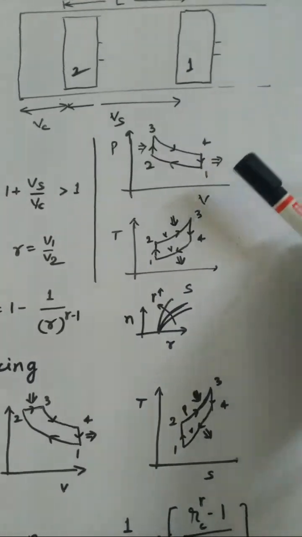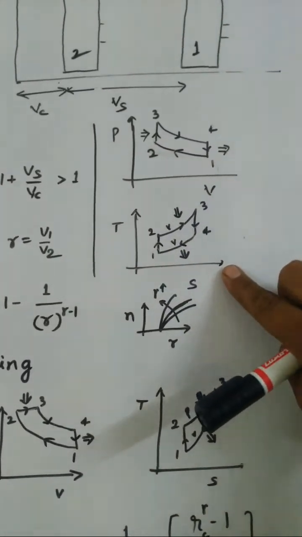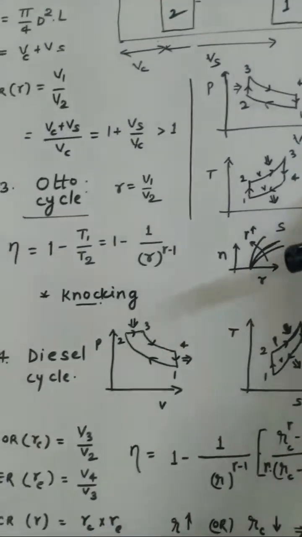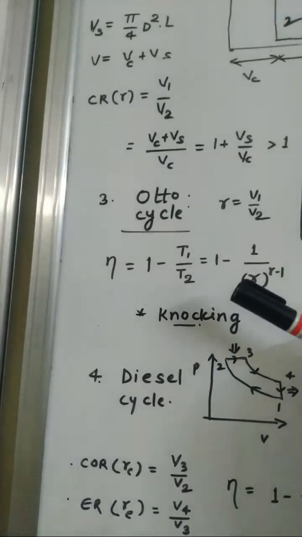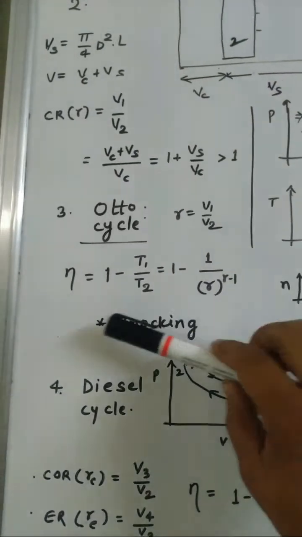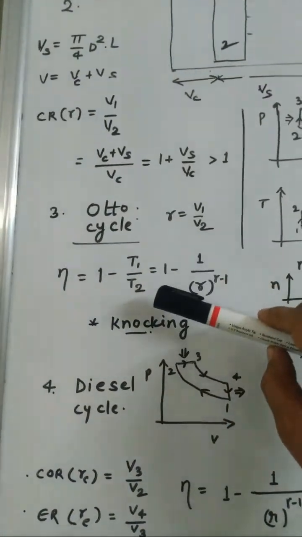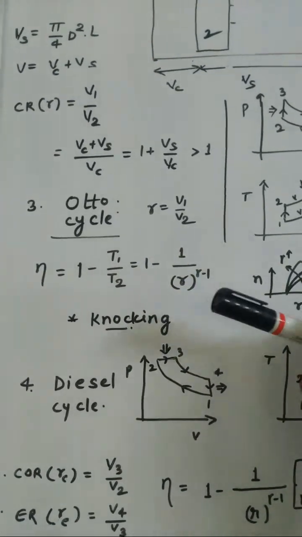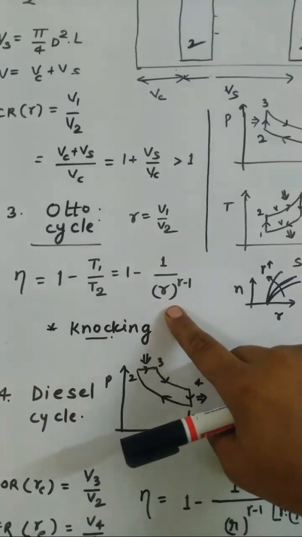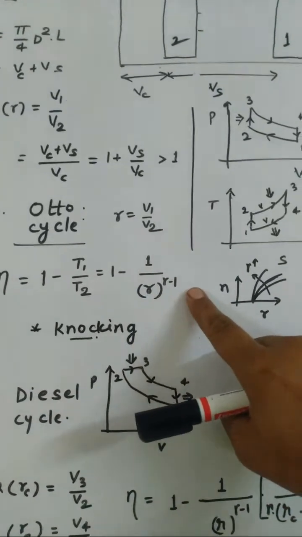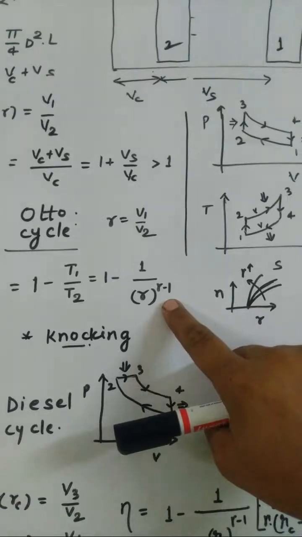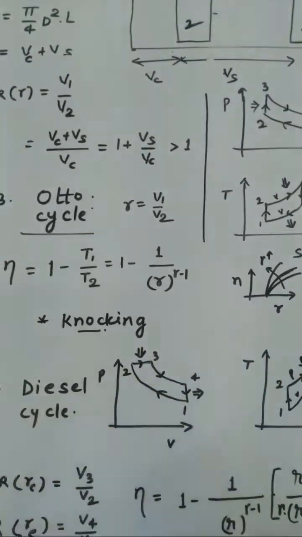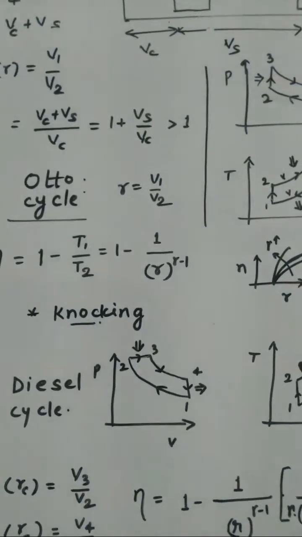The same thing can be shown into TS diagram also, and the efficiency which we derive from the formula comes 1 minus T1 by T2, and this is 1 minus 1 divided by r to the power gamma minus 1. r is the compression ratio, and here gamma is the ratio of specific heat of constant pressure and constant volume.